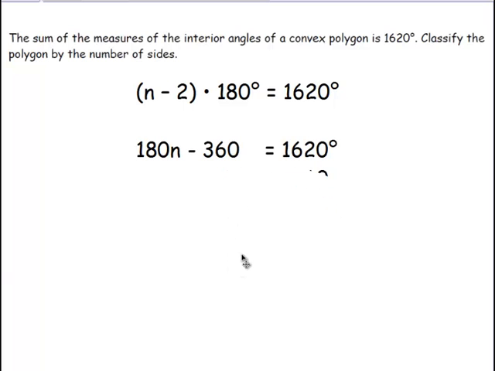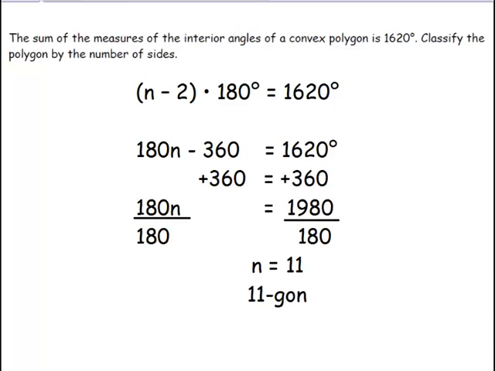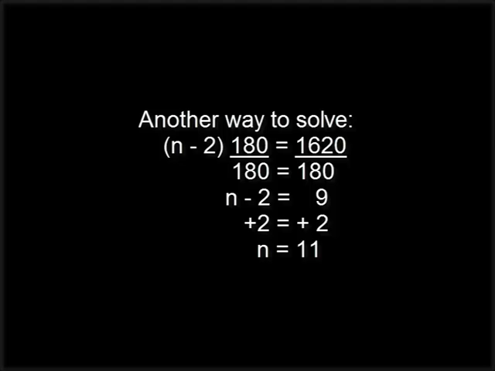When you distribute, you then need to add 360 to both sides. You're left with 1,980 divided by 180 to get n by itself, and n equals 11. Now, because there's not a technical name for an 11-sided figure, we call it an 11-gon.